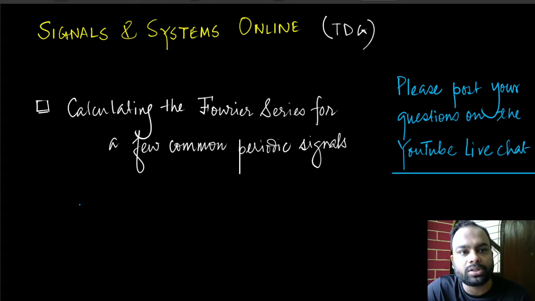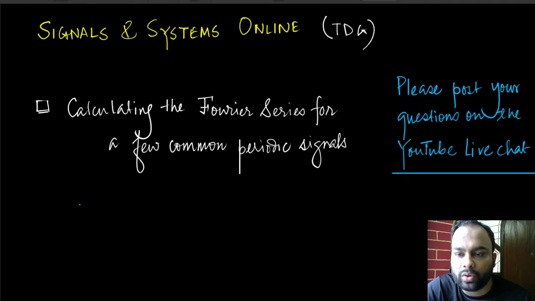But in this class, we shall be finding the Fourier series for a few standard periodic signals. The first thing you should be able to do is to mathematically express the signal before actually calculating the Fourier series. You should be able to mathematically describe the signal that we are going to calculate the Fourier series for.